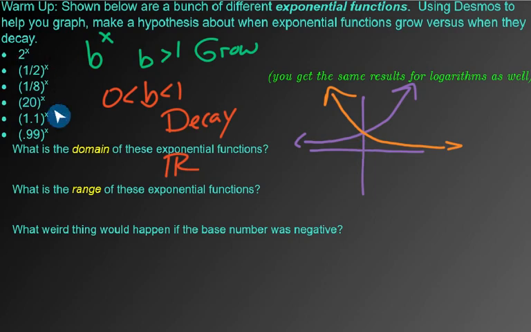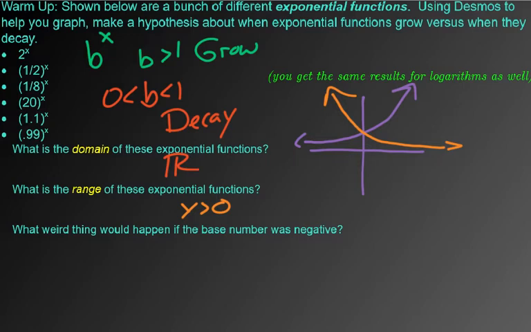So for all these exponential functions, the range you should see is always basically greater than 0. And that's just because if you do any of these bases to a power, you're just not going to be able to get a negative number. You also won't be able to get 0. The only base that could get you to 0 would basically be 0 to a power, right?